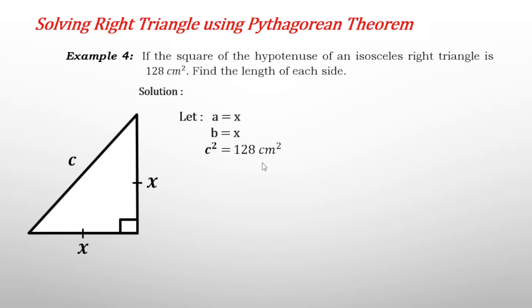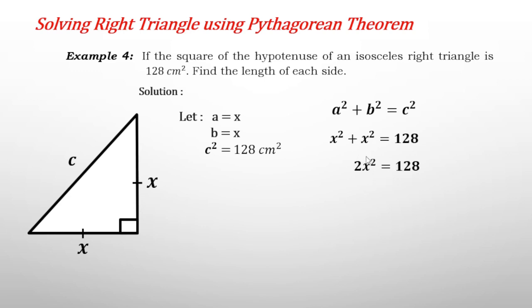So as we are going to use now the Pythagorean theorem, substitute now the value of a, which is equal to x, and b equal to x also. So the equation becomes x squared plus x squared is equal to c squared, so x squared plus x squared becomes 2x squared equals 128.